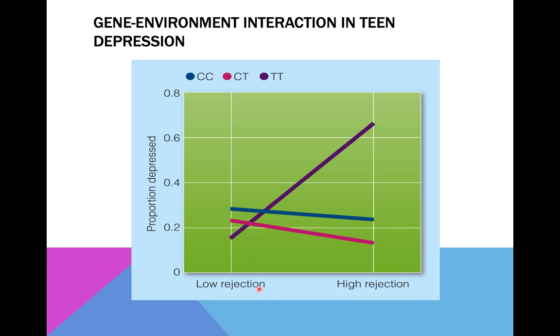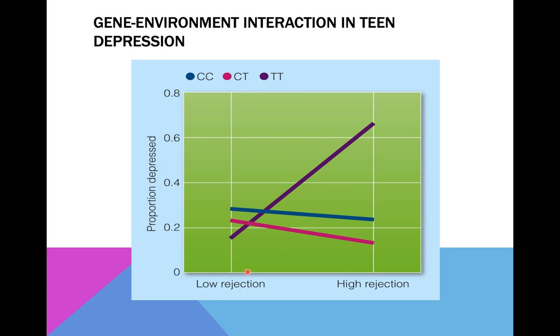And this is in a low rejection environment, meaning a positive environment. This is a high rejection environment, meaning a very terrible environment. The child feels rejected in their homes. And CC, CT, and TT are three alleles of one particular strand of gene that is associated with depression.